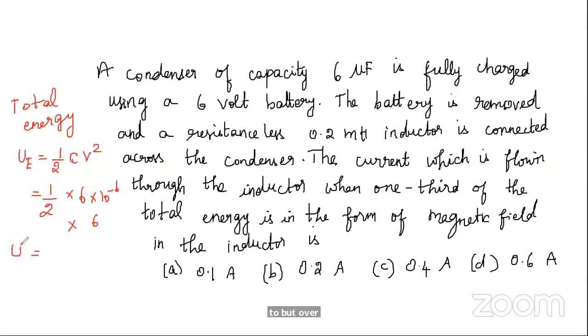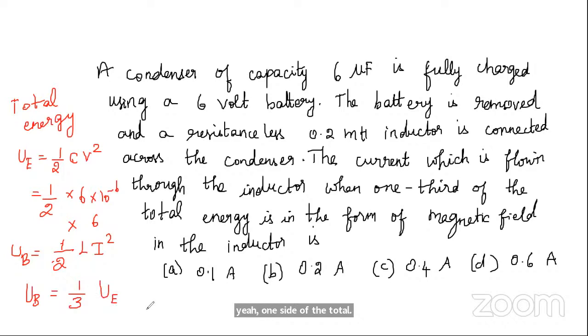So the magnetic energy is given by half L I squared. In the question it is given that the magnetic energy is 1/3 of the total energy, 1/3 of U_E.